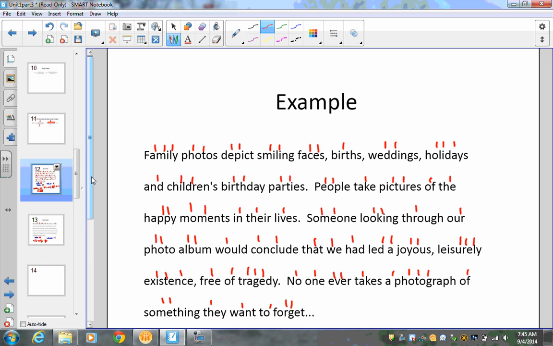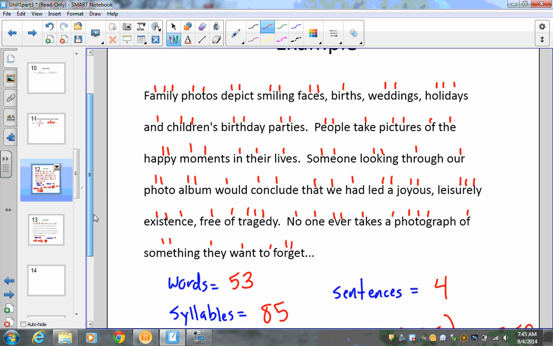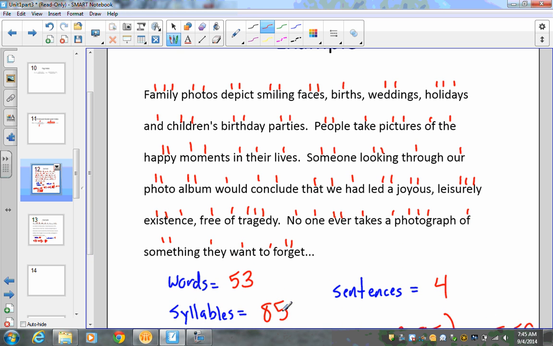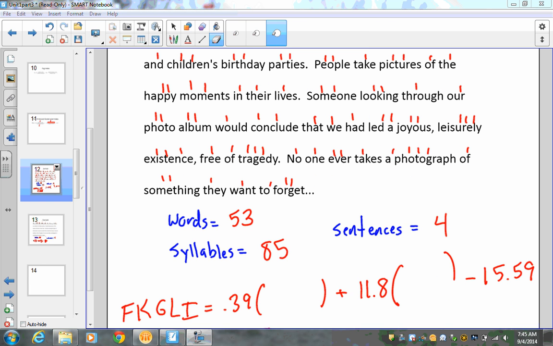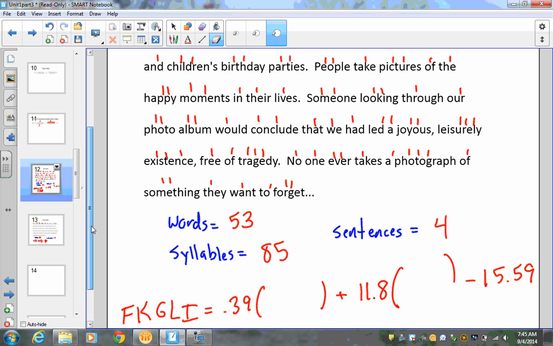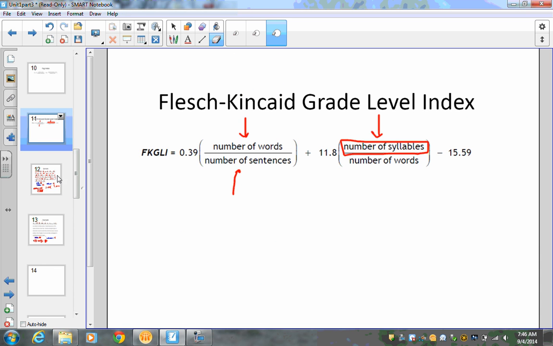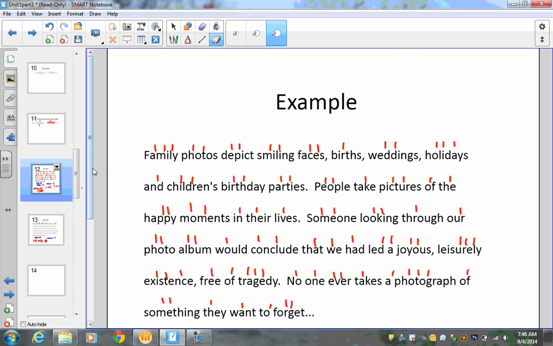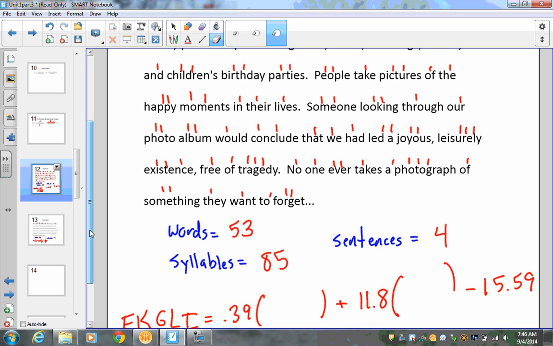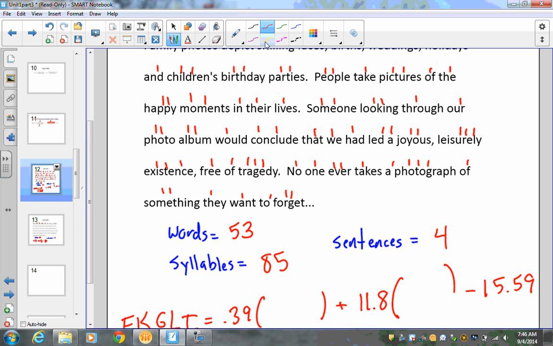Okay, so my words, sentences, and now there's 85 syllables in this text here. There's 85 syllables. So using this formula here, I left the fractions blank, so I have to plug that in. The number of words over the number of sentences, that will be 53 over 4.